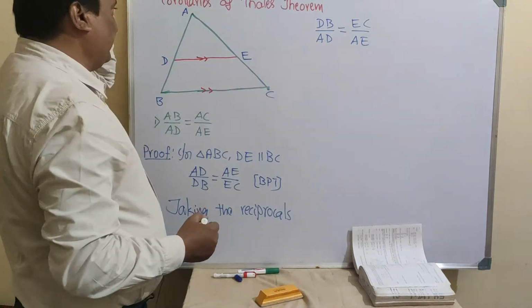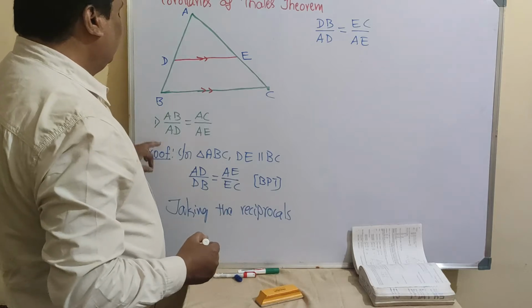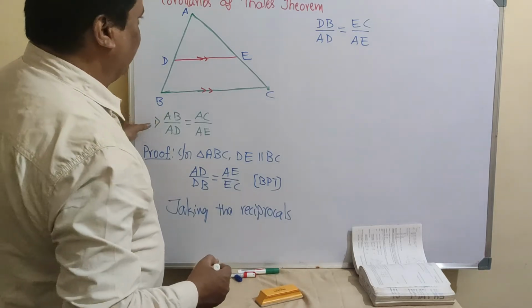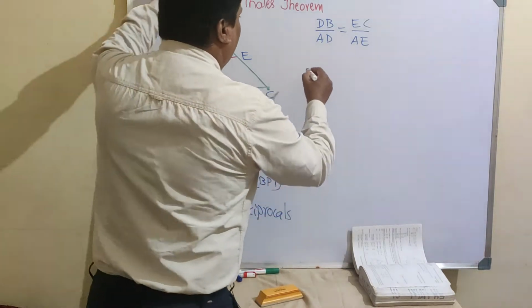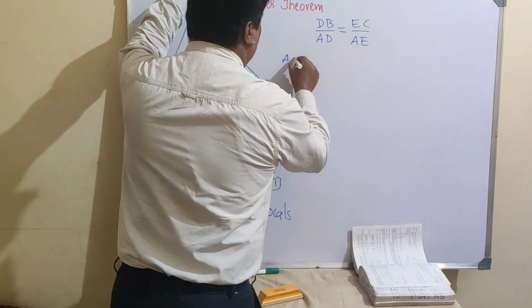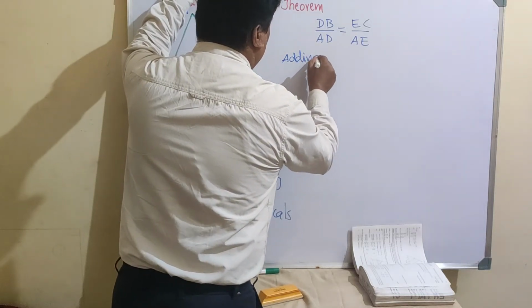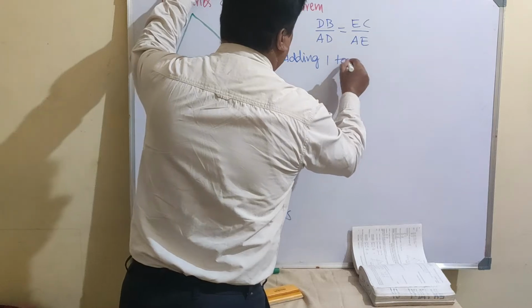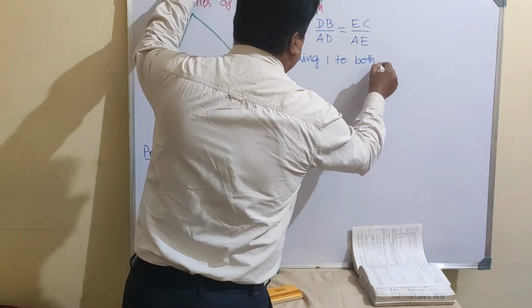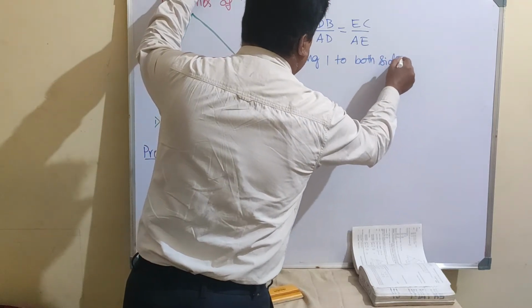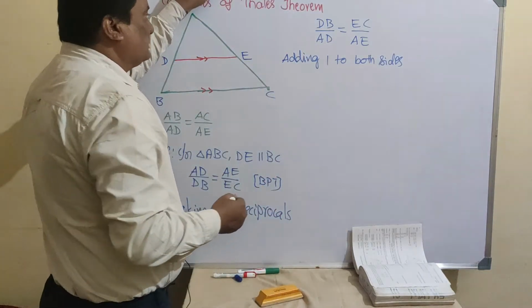We want AD in the denominator, so adding one to both sides.